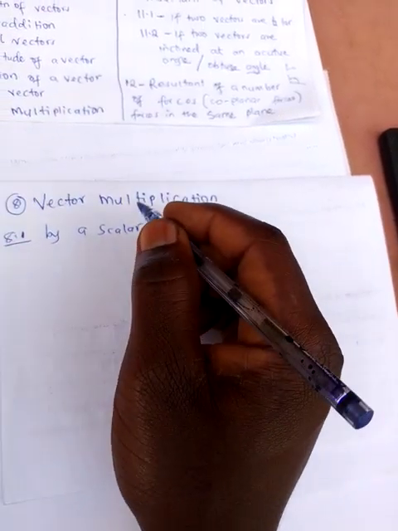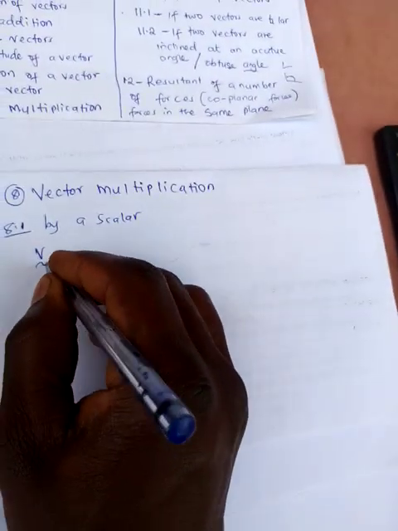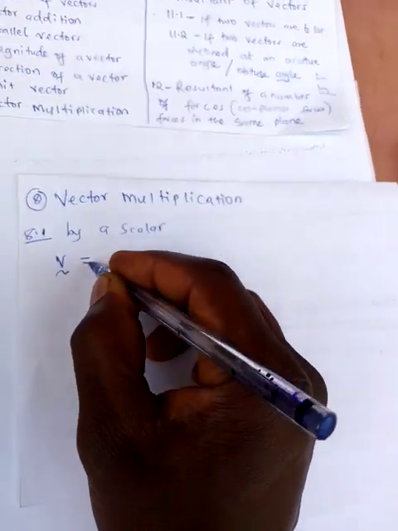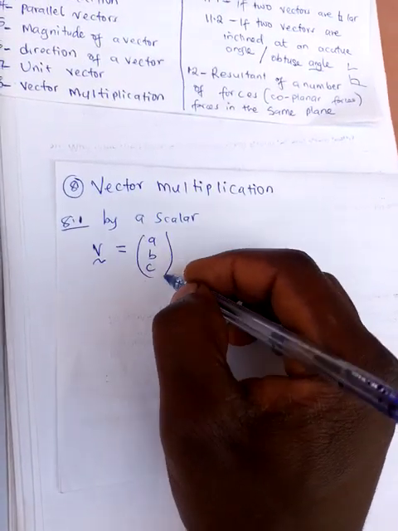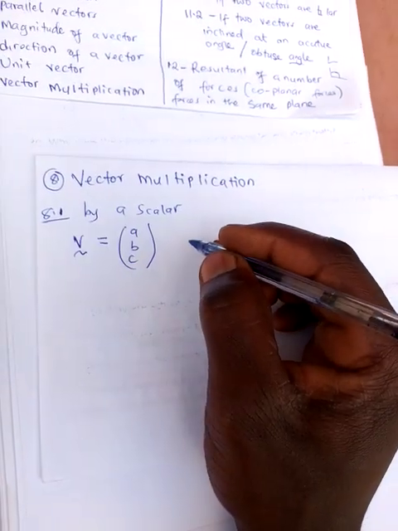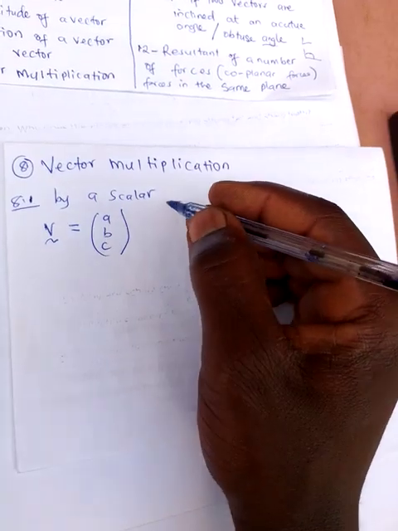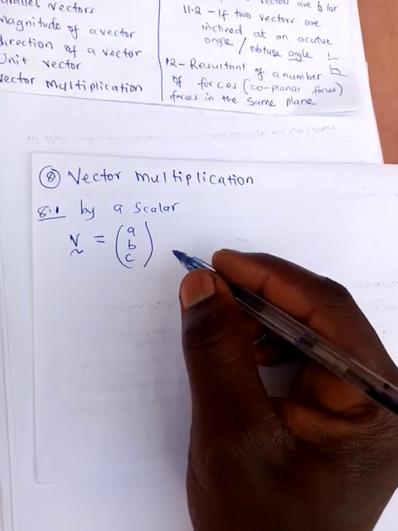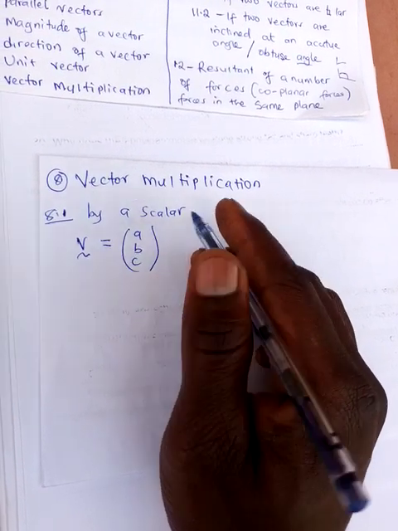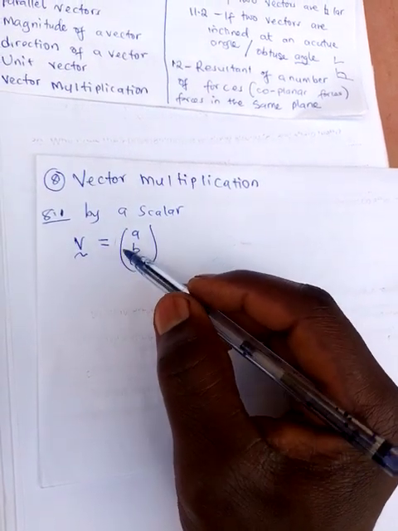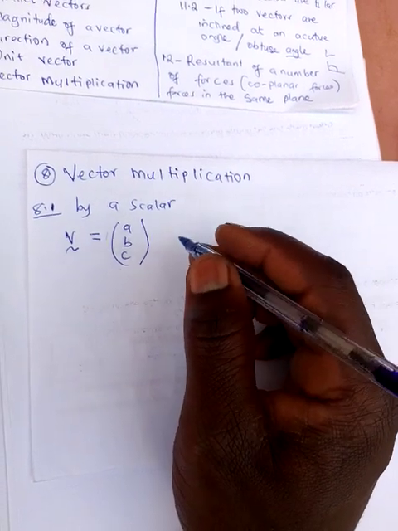What does that mean? If you have vector v as a, b, c, then a scalar is a constant which is going to multiply outside here. For example, k.